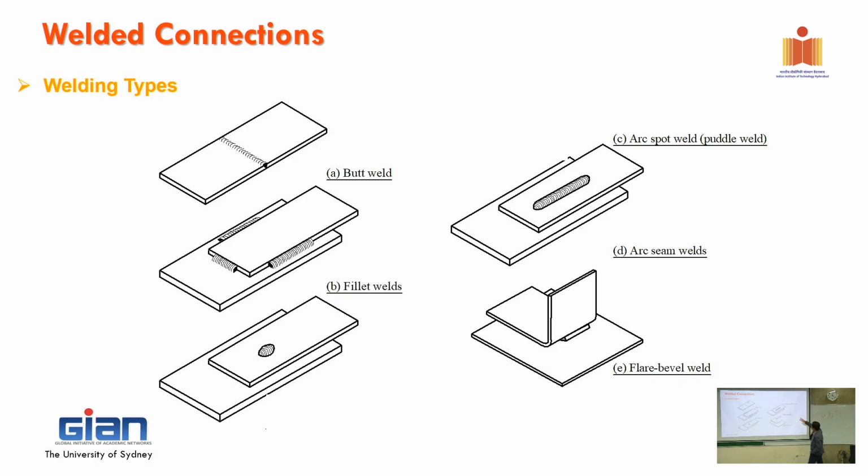And this is different, a flare bevel weld or something, because normally you weld the angle section onto the other member, like an angle cleat to the top flange of the girder, something similar. So you can weld it in here. That's how it works.